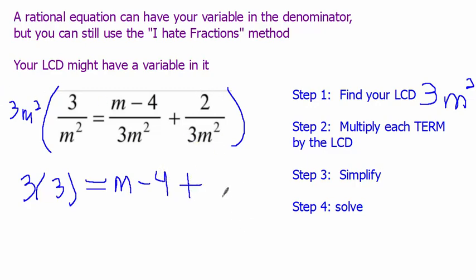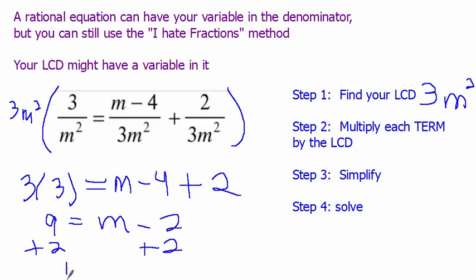And 3m squared divided by 3m squared. So I end up with a simpler Algebra 1 problem. Now I'm going to simplify that. And solve. So in this case, m is 11. Okay? Least common denominator can include variables, can include a squared variable.